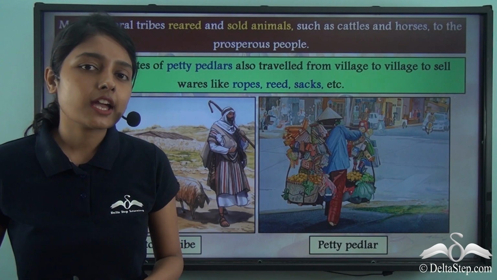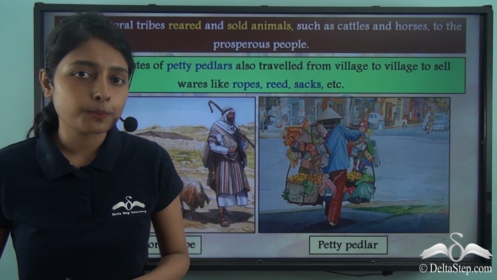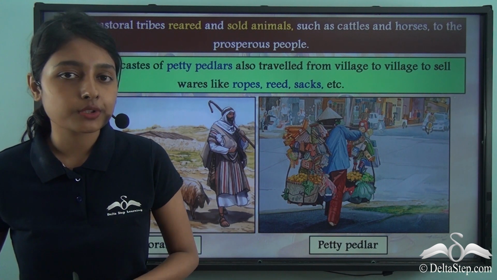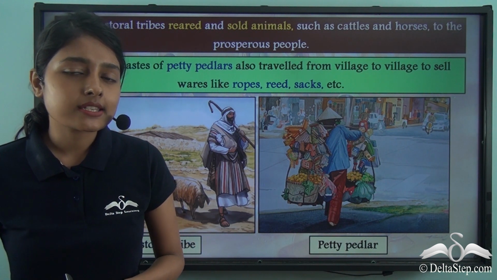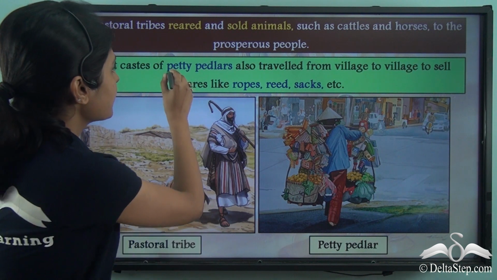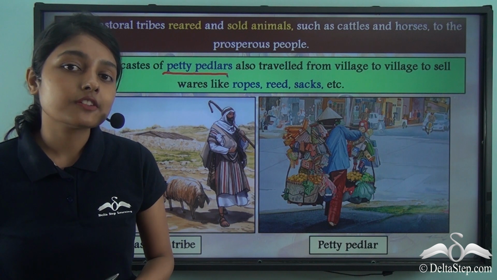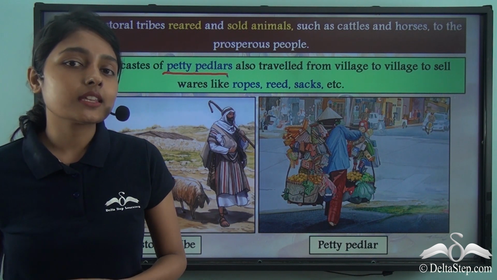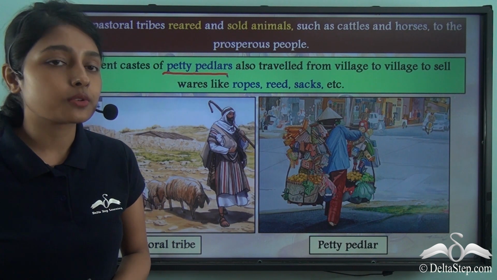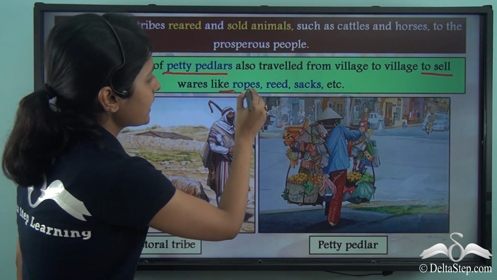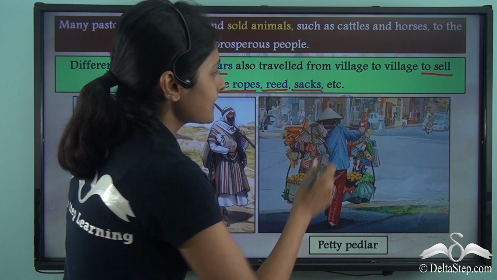All this while we have been talking about the pastoral nomads, but they were not the only community of people who lived around this time. Because around this time, different castes of petty peddlers also lived, and these petty peddlers also lived nomadic lives. That is to say, they used to move from one region to another in order to sell wares like ropes, reed, sacks and the likes.